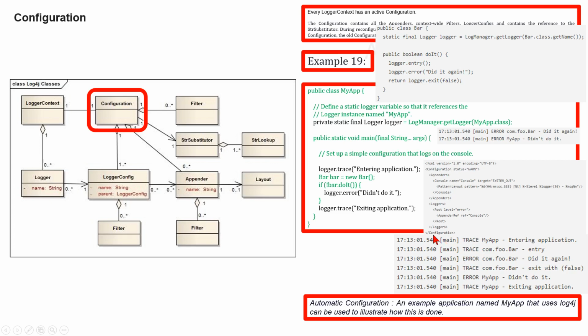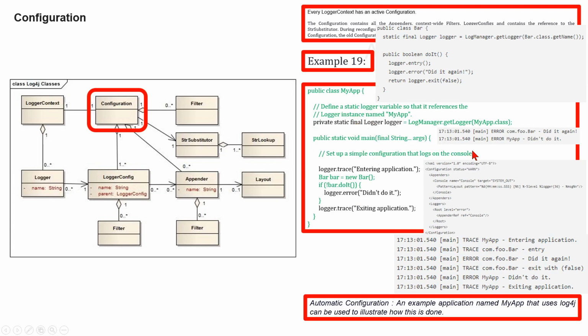Now we are considering automatic configuration. An example application named MyApp that uses Log4j can be used to illustrate how this is done. Log4j has the ability to automatically configure itself during initialization.